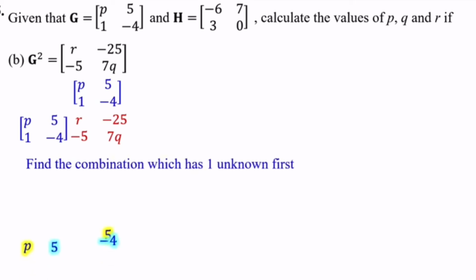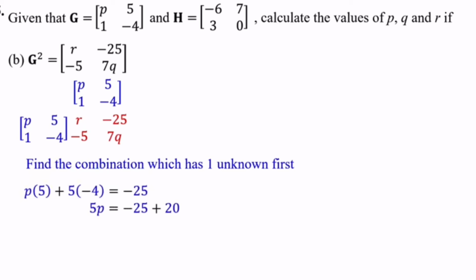So we will find a combination which has one unknown first. So we will take p times 5 plus 5 times negative 4 equal to negative 25. Then we can solve the p, right? So p is actually equal to negative 1.